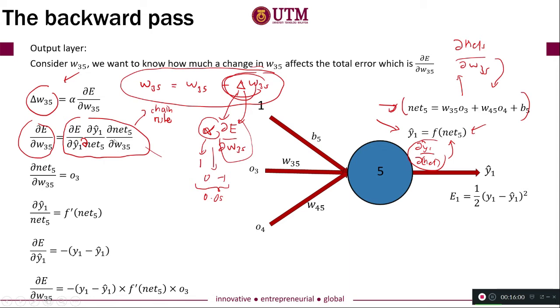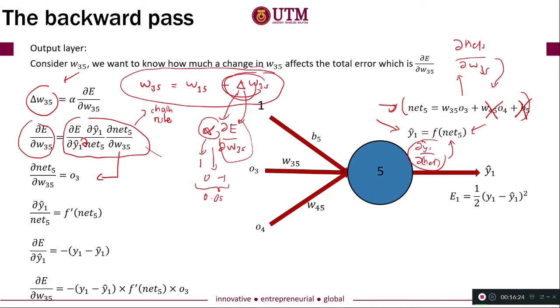For del net 5 over del W35, you derive with respect to W35, so you cancel this one and this one, because they are constants, not variables.